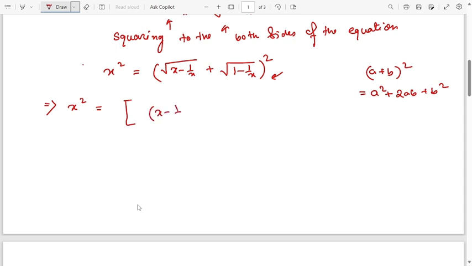Square root of x minus 1 by x whole square is equal to x minus 1 by x, plus 2 times square root of x minus 1 by x times square root of 1 minus 1 by x, and plus this will be our b square. What is that? 1 minus 1 by x.